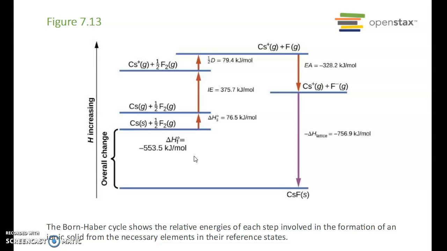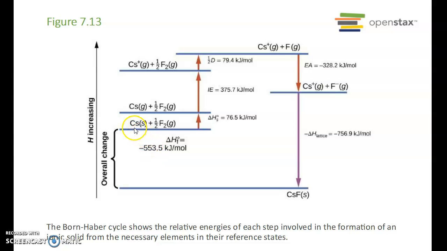How they do that is they look at it in the following way. It's called the Born-Haber cycle. And what it does is a stepwise, how much energy does it take to get from one step to another? If you've got the overall change from this material to this one is this amount right here.